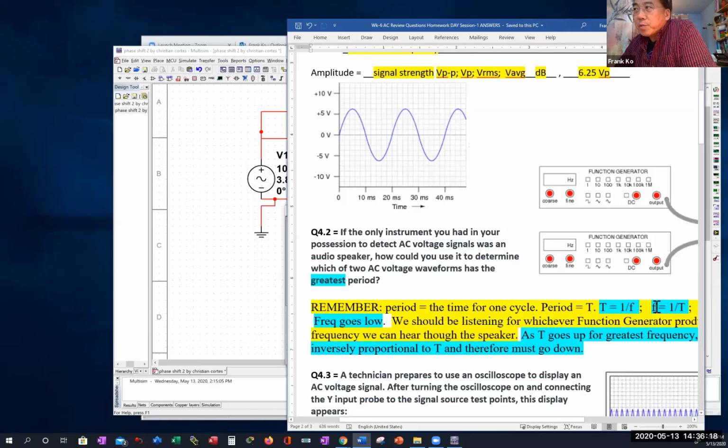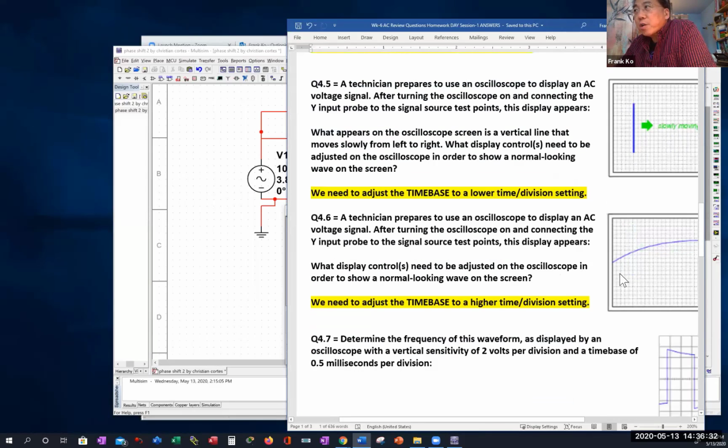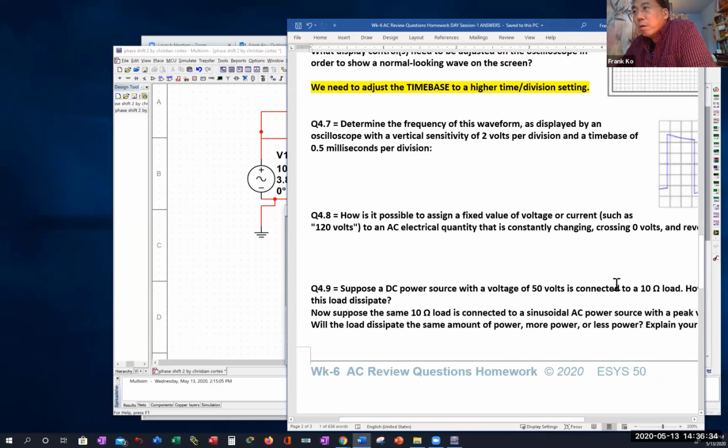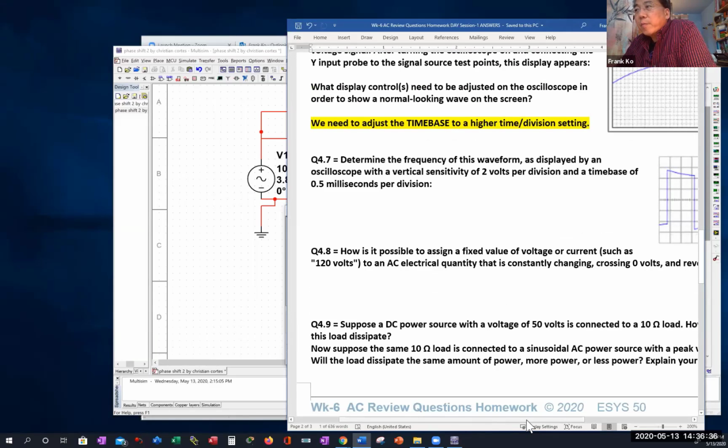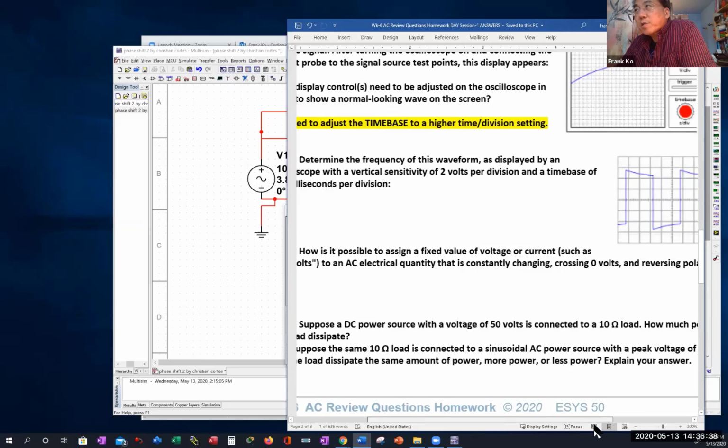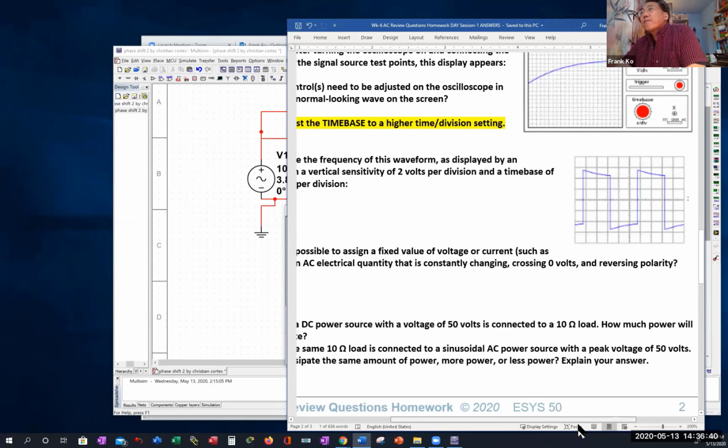You're looking for frequency right here. Do I have period that I can throw into the formula in order to calculate frequency? Do I have some indication of time for one cycle in order to plug into that formula?